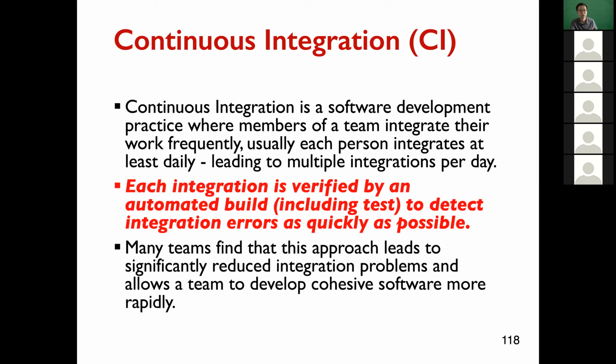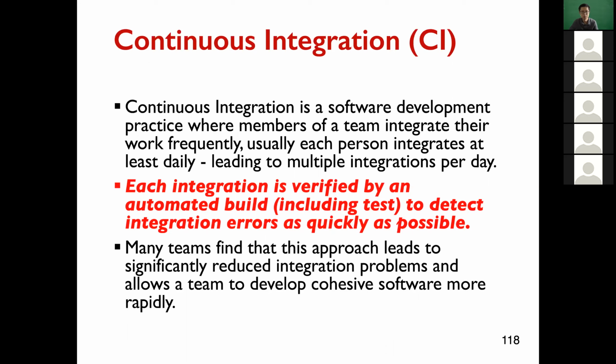Each integration is verified by an automated build, including tests, to detect integration errors as quickly as possible. As soon as you make a change, there will be a build and software testing automatically in place. And if there's an issue, it can be reported and fixed as quickly as possible. So this is the continuous integration definition.